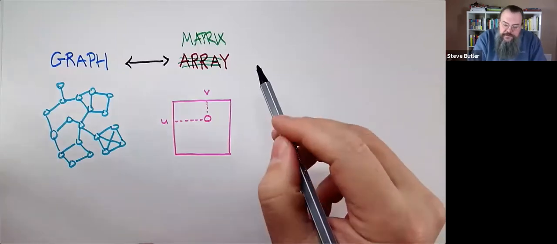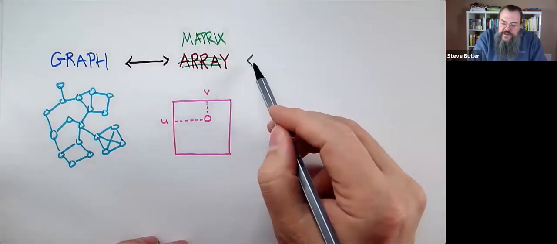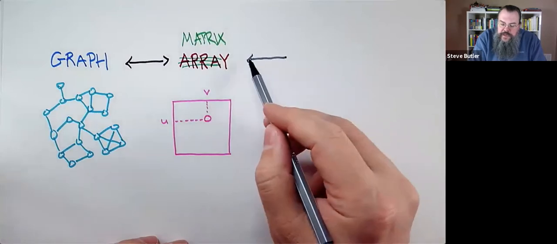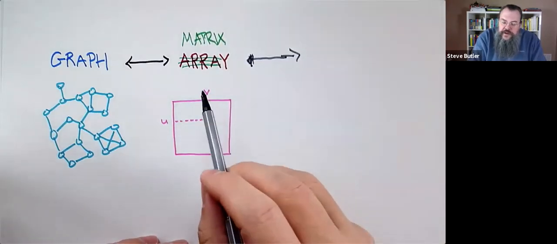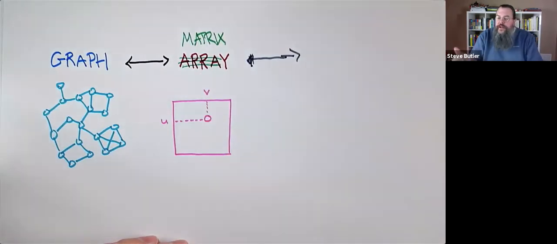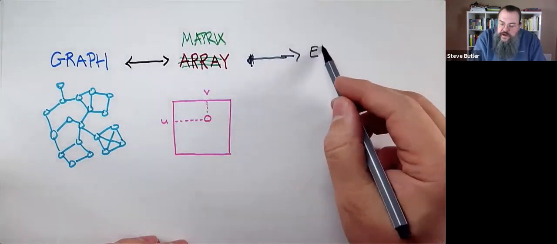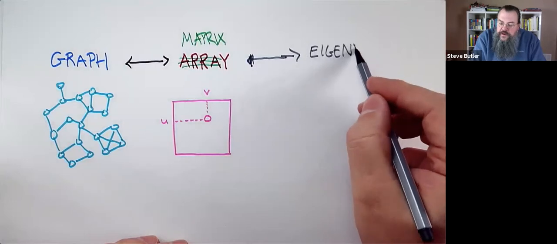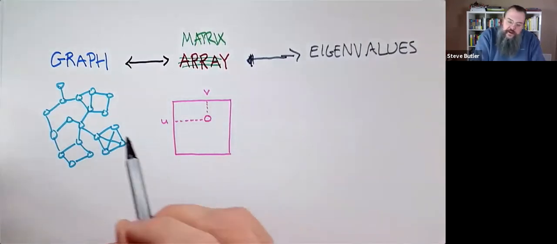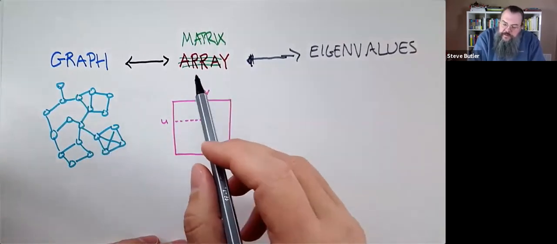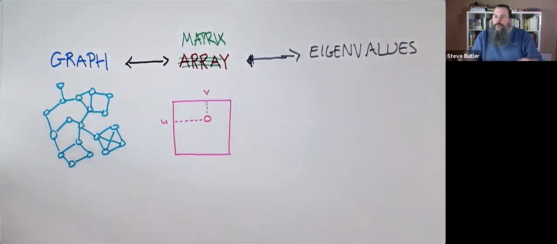In particular, when we think of matrices, there are these wonderful properties that come into play, because matrices represent linear transforms, and you get eigenvalues. This is where the word spectral comes into play. The graph is a matrix. You have a matrix, you've got eigenvalues. Wonderful, wonderful.